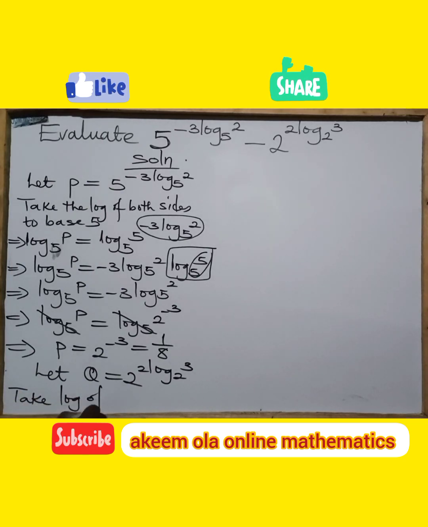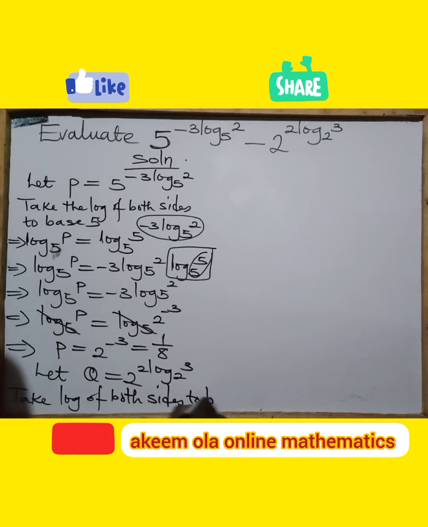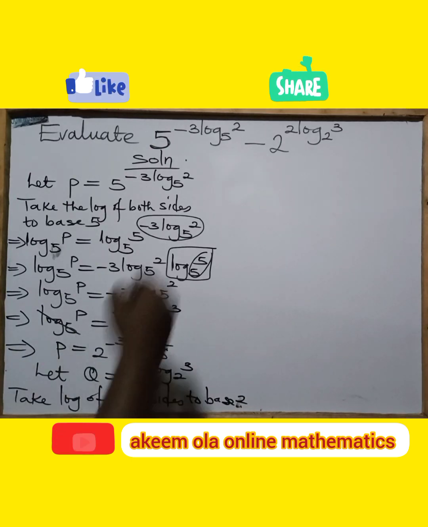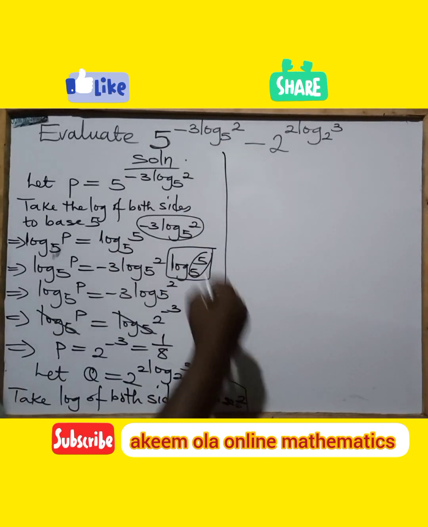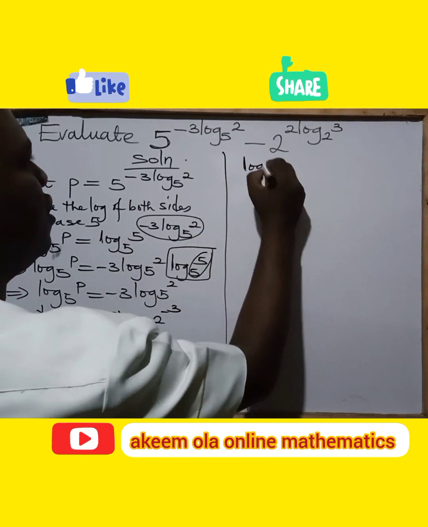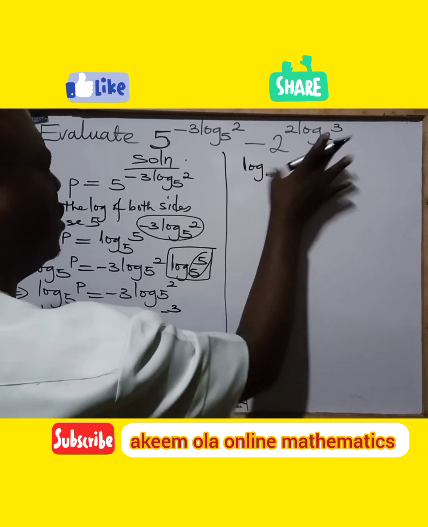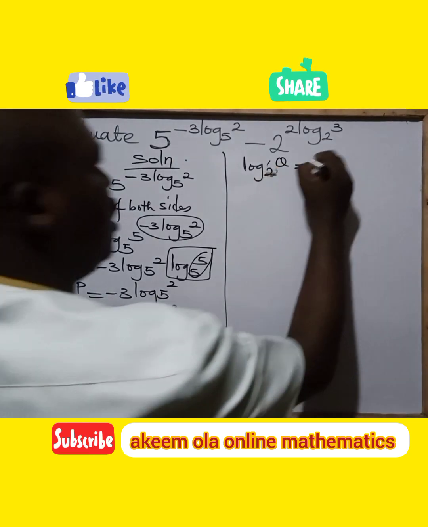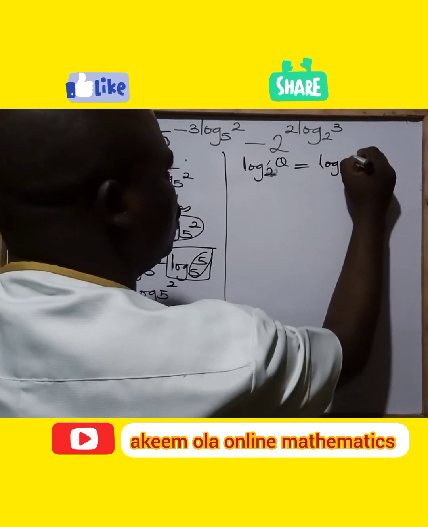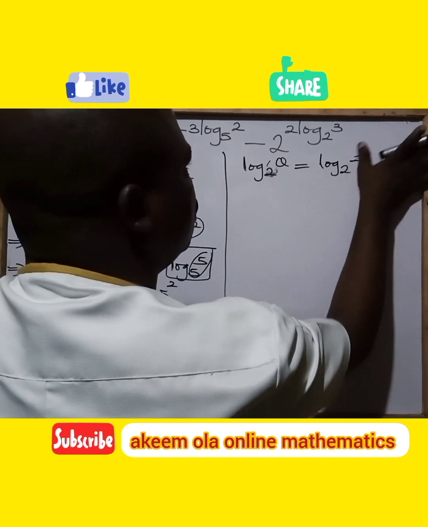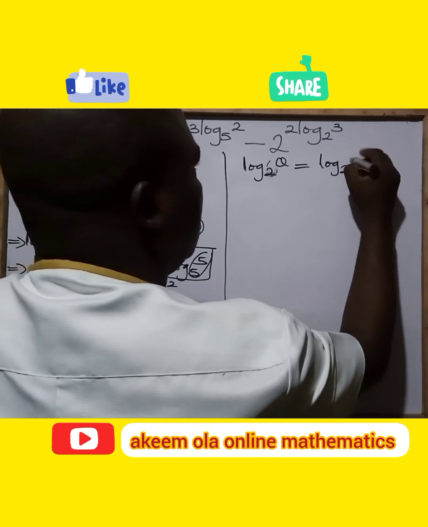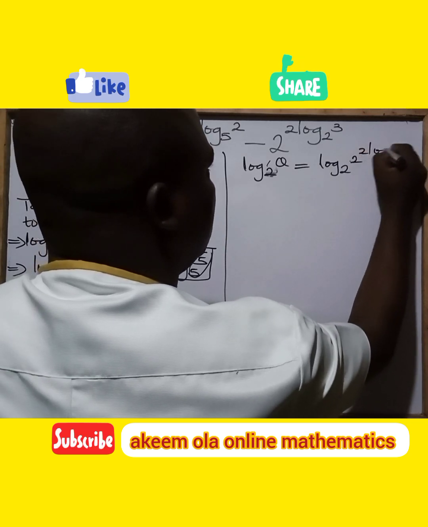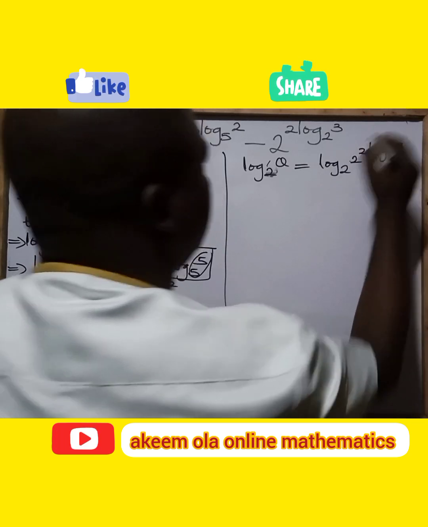If you take the log of both sides to base 2, that means we are going to have log 2 Q is equal to log 2, 2 raised to power 2 log 2, 3.